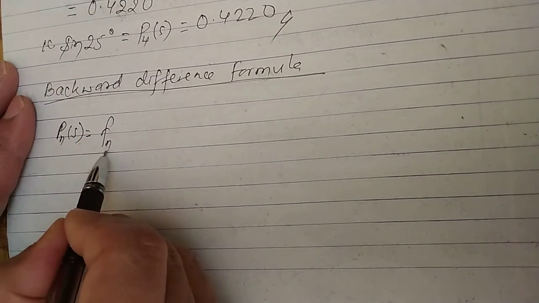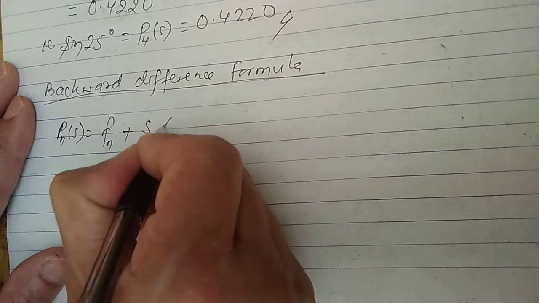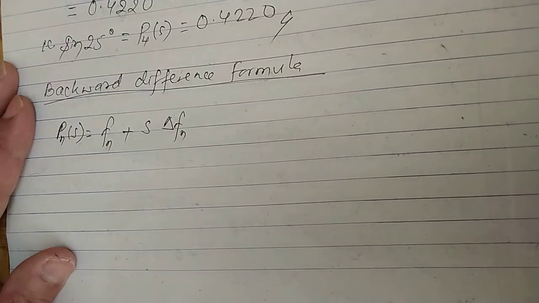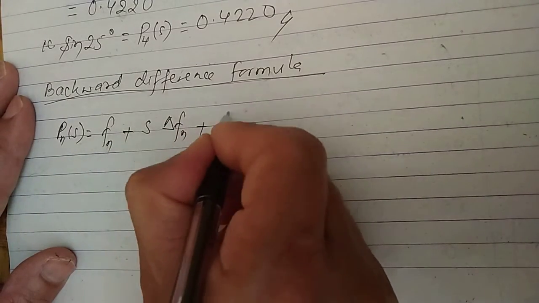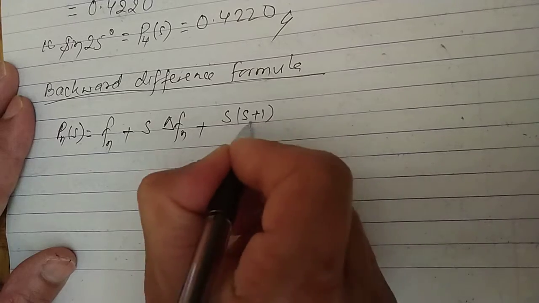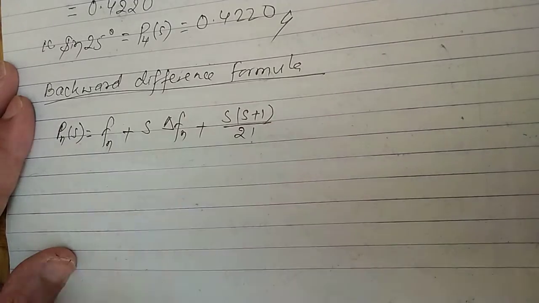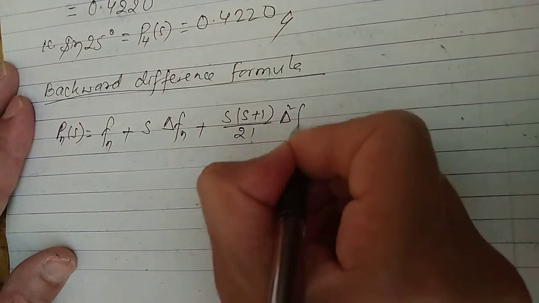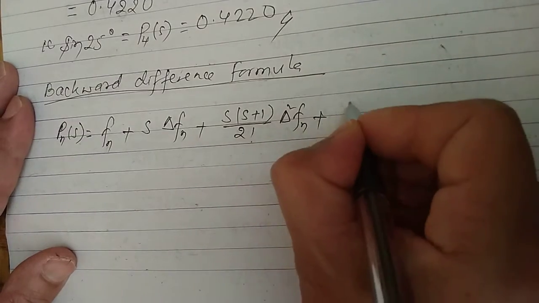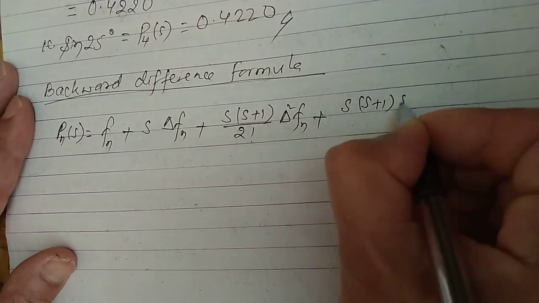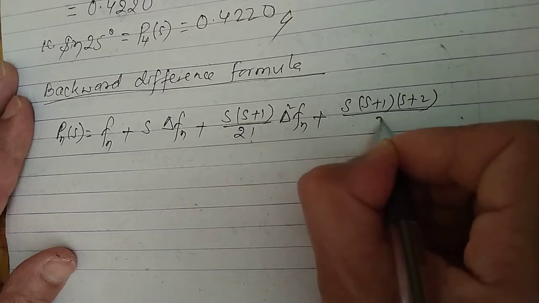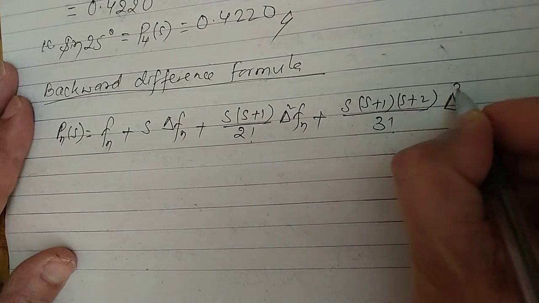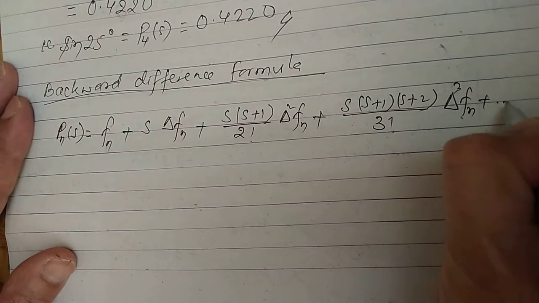The forward difference was starting from F naught; this will start from Fn plus s into delta Fn, plus s into s plus 1 by factorial 2 delta square Fn (there was s minus 1 if you remember), plus s into s plus 1, s plus 2 divided by factorial 3 delta cube Fn, and so on.